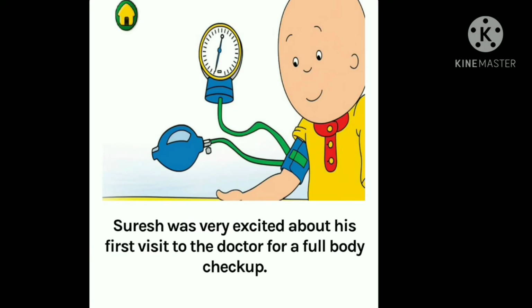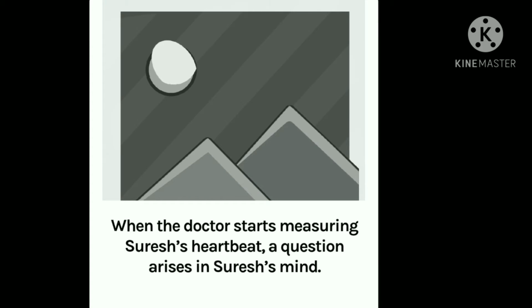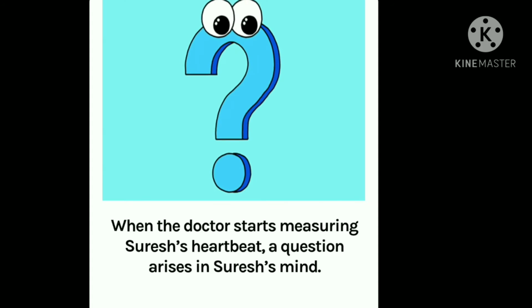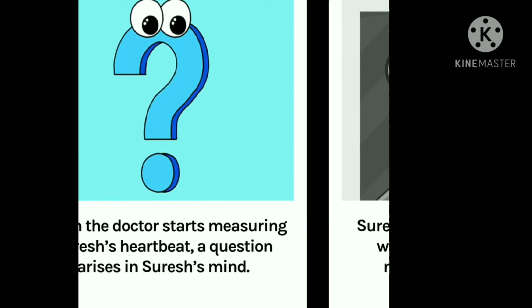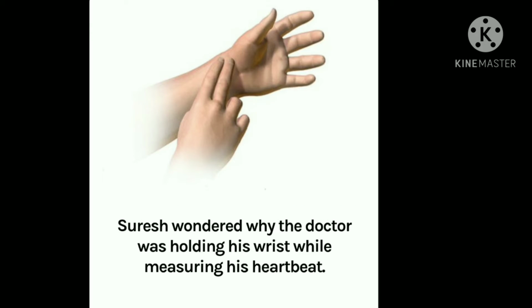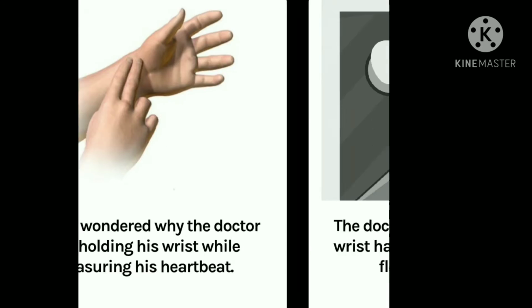So Suresh is very excited about his first visit to the doctor for the full body checkup. When the doctor starts measuring Suresh's heartbeats, a question arises in Suresh's mind. What question arises? Suresh wondered why the doctor was holding his wrist while measuring his heartbeats.